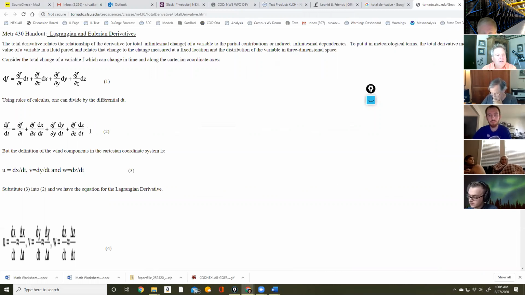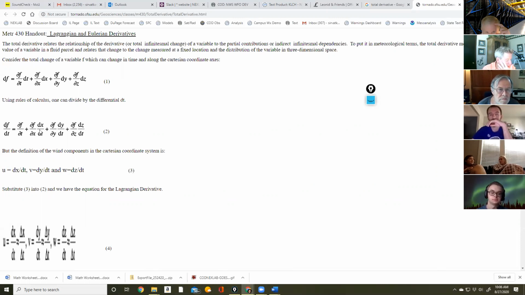So over here, we're defining the total derivative, the derivative of some function with respect to time, and notice it's little d, equals the partial of that function with respect to time plus the partial of f with respect to x times dx/dt. But what's dx/dt, folks?